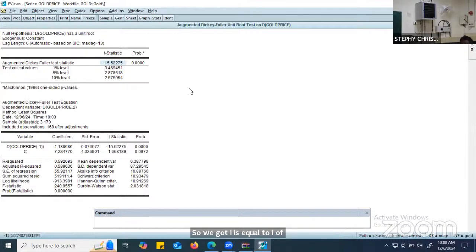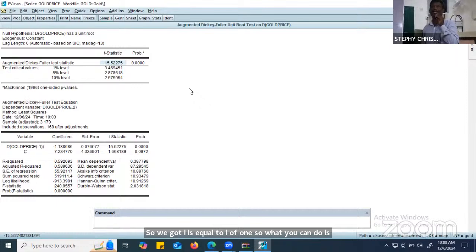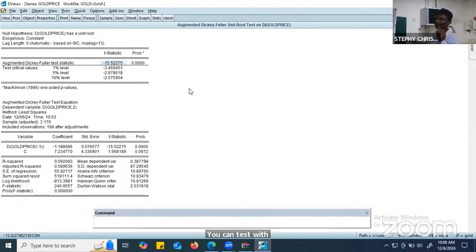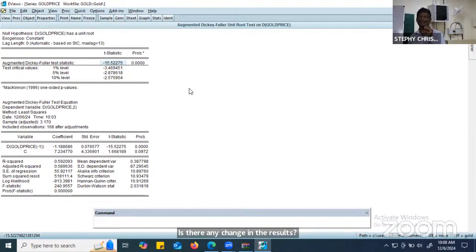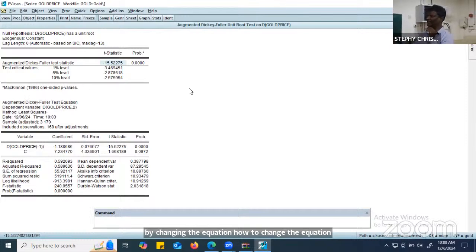So what you can do is test with intercept and trend for your exercise, and find out whether there is any change in the results by changing the equation. You do it for practice. Start again.